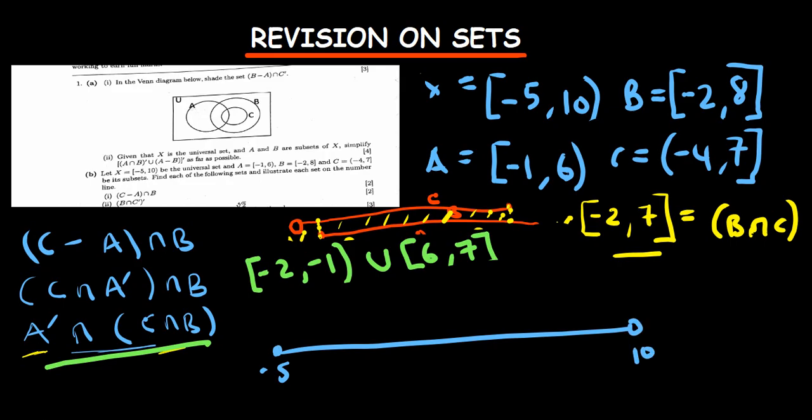Then I have negative 2, negative 1, then 6 and 7. This last part is just easy. At negative 2 it's closed, so I'll draw there. Negative 1 is open, so I'll open there. At 6 it's closed, and at 7 it's closed. So this is your final answer.